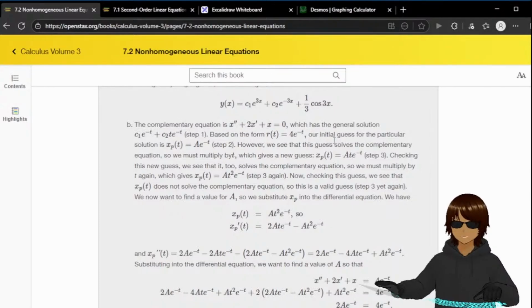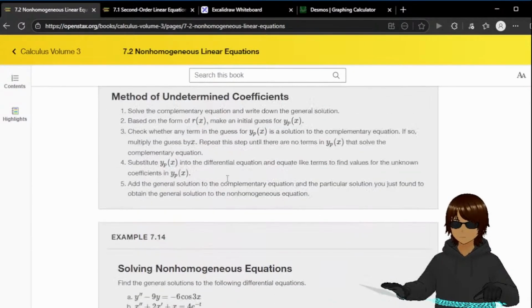Based on the form, our initial guess for the particular solution is this. Well, we see that this guess solves the complementary equation, so we must multiply by t, which gives a new guess, at e to the power of minus t. Checking this new guess, we see that it solves the complementary equation, so we must multiply by t again, which gives this.